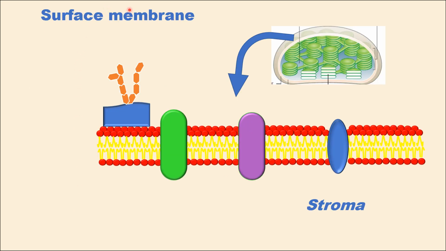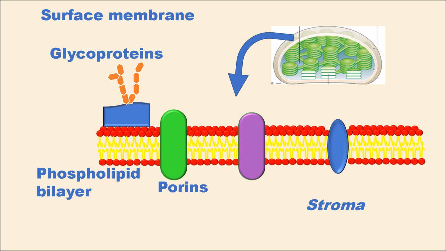First, we will talk about the surface membrane. If you look at a chloroplast, this outer layer is the surface membrane that surrounds it. This membrane is made of a phospholipid bilayer similar to the cell surface membrane. The surface membrane contains protein channels such as porins, and also glycoproteins which help recognize different molecules.